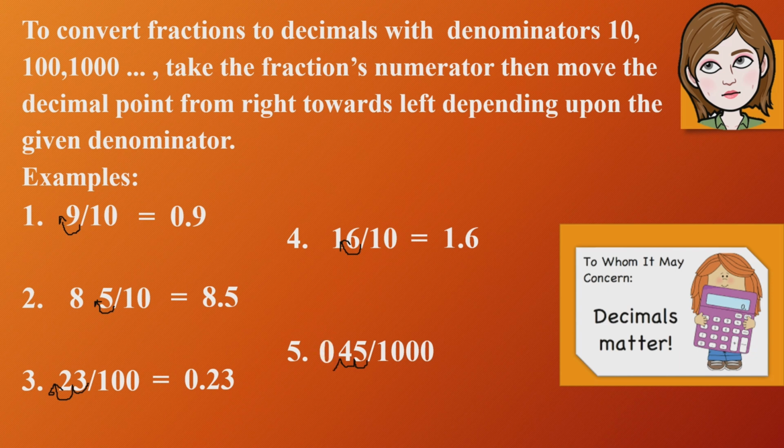Then 2, another step 3. So your decimal point will be placed here. Therefore, the answer would be 0.045 or 45 thousandths. So remember, class, that we have to insert zeros at the left of the numerator if the numerator has fewer digits.